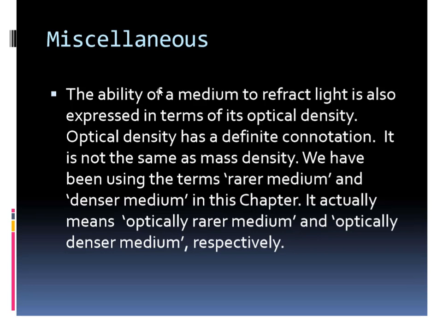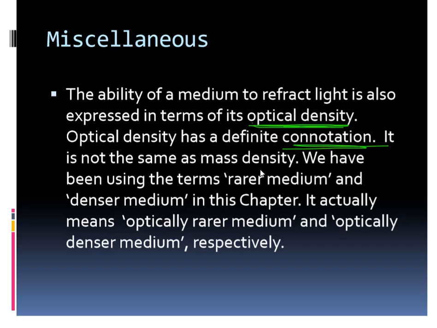Now, there are certain miscellaneous points. The ability of a medium to reflect light is also expressed in terms of optical density. You can see there are different media, of which some can absorb more light, some can reflect more light, some can refract more light. So it depends upon its optical density. Optical density has a definite connotation.